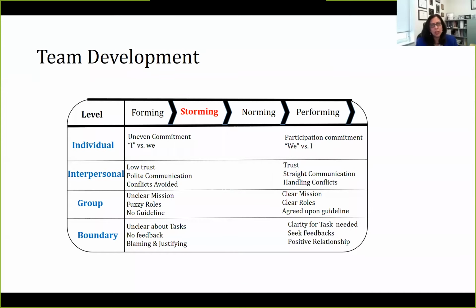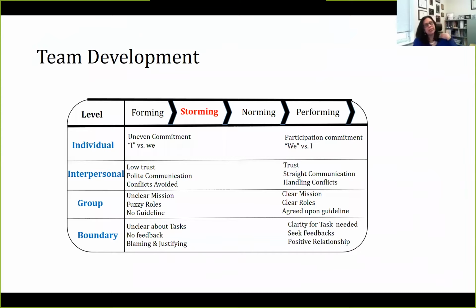Interpersonally, you're still not sure who your other team members are, so the trust is not built yet, or the connection is not built yet. So there's going to be communication issues. You may want to say something, but you may not, because you're not sure you belong to the team. So in the forming stage, those things still have to work out.